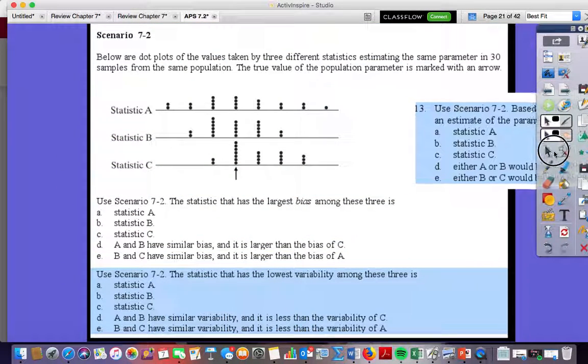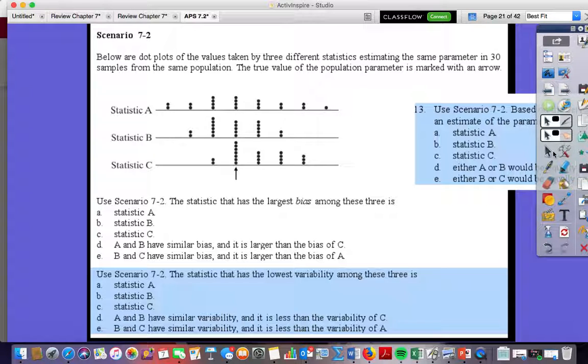Okay. Hey, let's check it out. Let's make sure and see where we are at, all right? So number 1, the statistic that has the largest bias among these 3 should be locked in. The answer for number 1 would be C. The largest bias would be C. Whose center would be furthest away from that arrow of the true parameter?